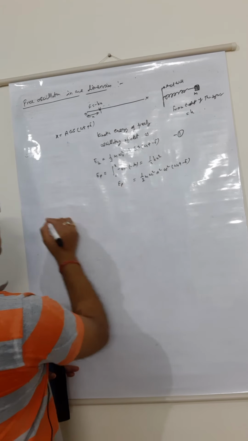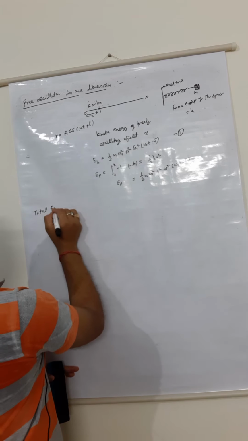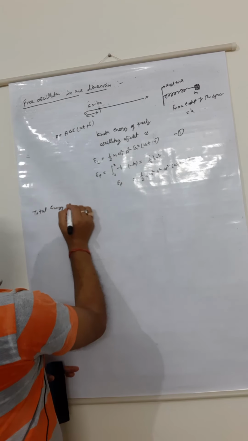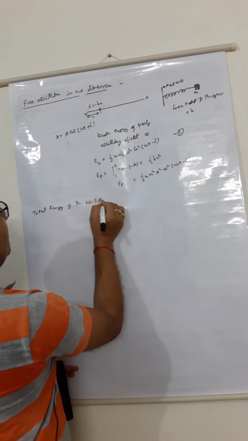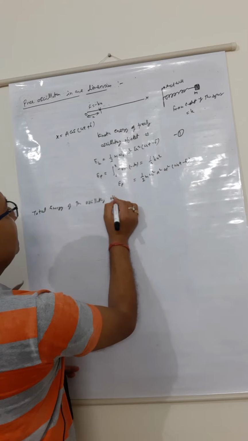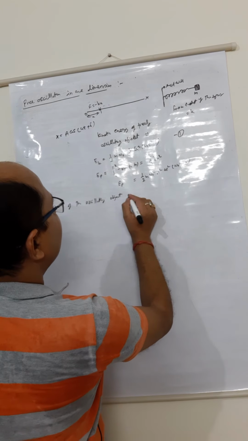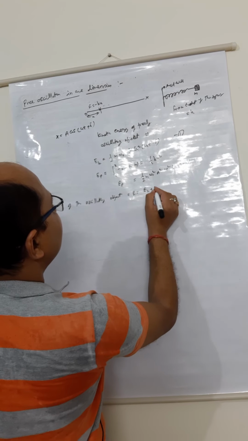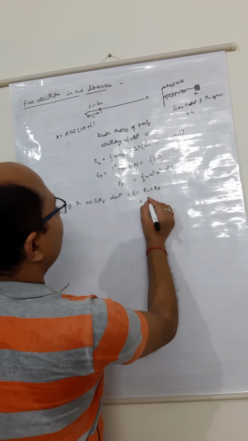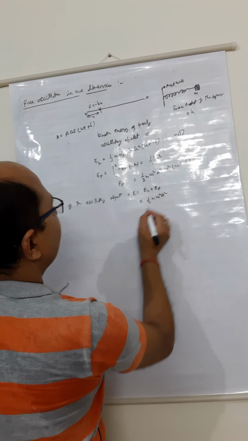That's all. Now total energy we also found. Total energy of the oscillating object under the influence of this force equals E, and that equals Ek plus Ep, and this came out to be 1 upon 2 m omega naught square a square.